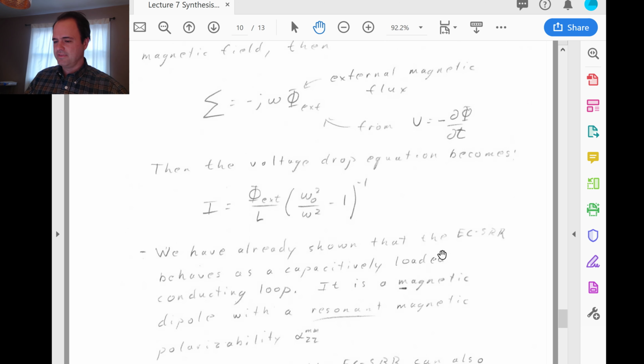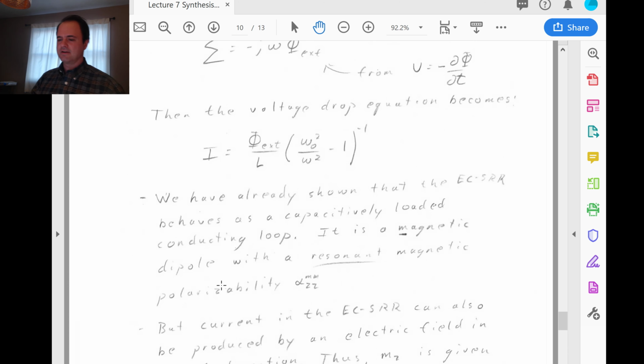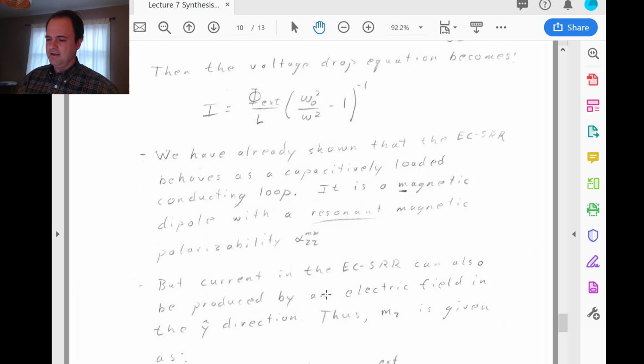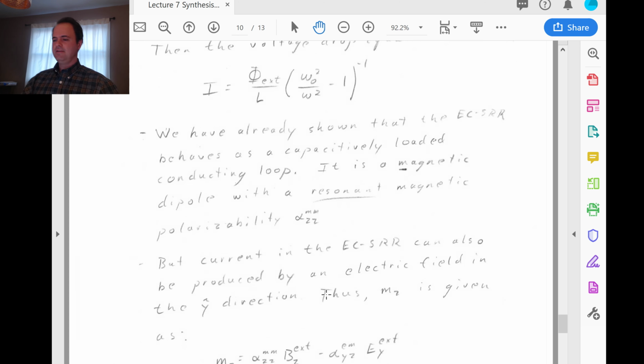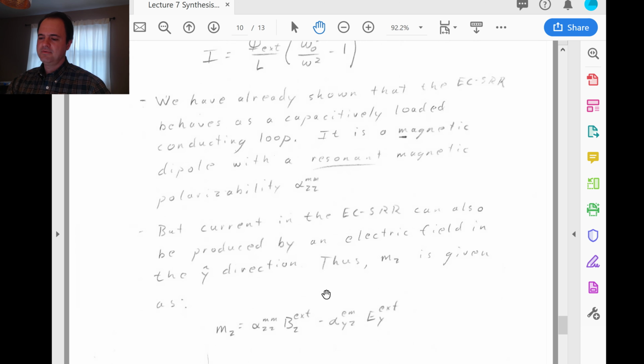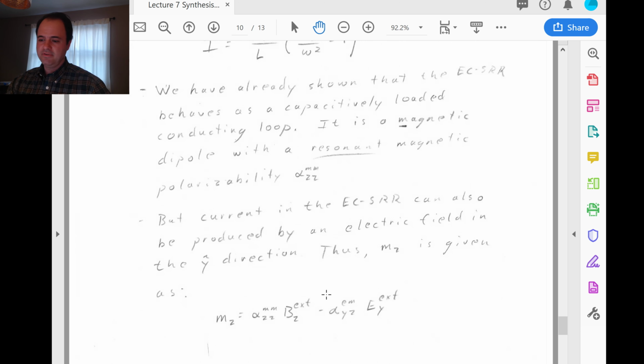We already have shown that the EC SRR behaves as a capacitively loaded conducting loop. It is a magnetic dipole with the resonant magnetic polarizability of alpha ZZ in it. But current in the EC SRR can also be produced by an electric field in the y direction. Thus, M sub Z is given by both of these components.